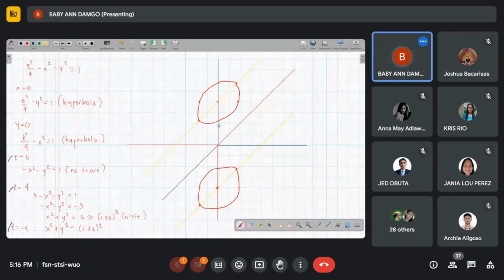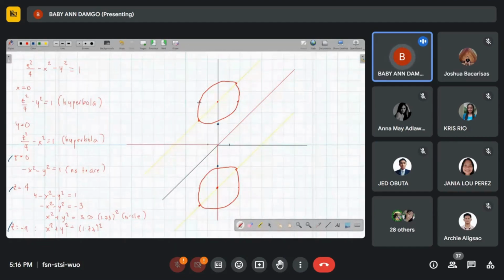We have 2 and then negative 2. And here y is 1, this one.